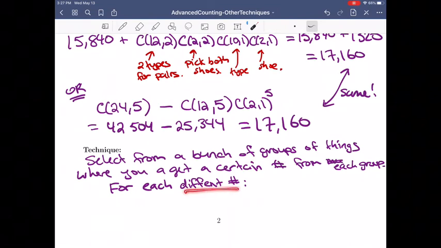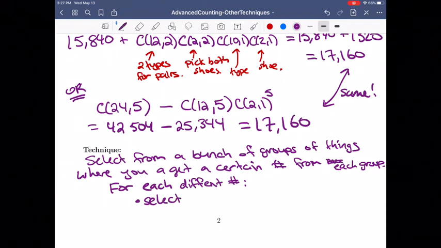So for each different number, what you want to do is select the number of groups with that number that you want to take.